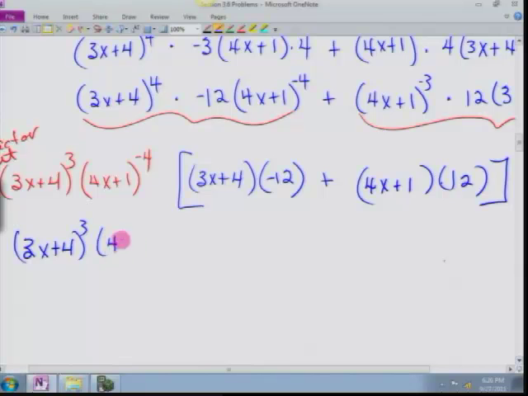Couldn't you factor out a 12 also? Since those are... Yeah, negative 12. You could, but I think it's going to... 4x plus 1 minus 3x plus 4.